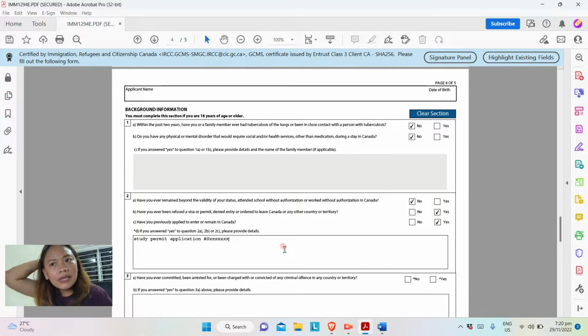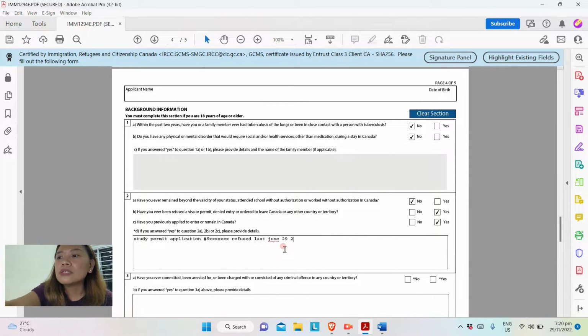Study permit application number S blah blah blah, refused last, you can write the date, like for us June 29, 2022. That was our last refusal. If you have multiple, like in our case we were refused twice, you write it down as well. Okay, all of your refusals. So same format.